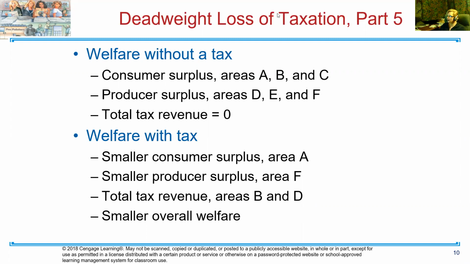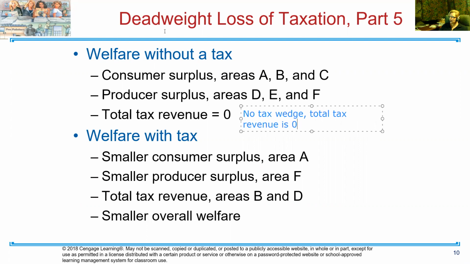Also maybe worth note on this particular slide is the idea that when there is no tax wedge, total tax is zero. Okay, and I think that's commonsensical, but I think it's worth noting.